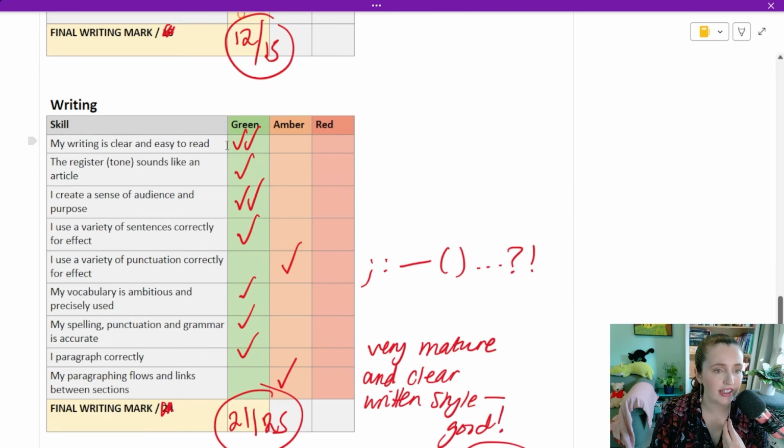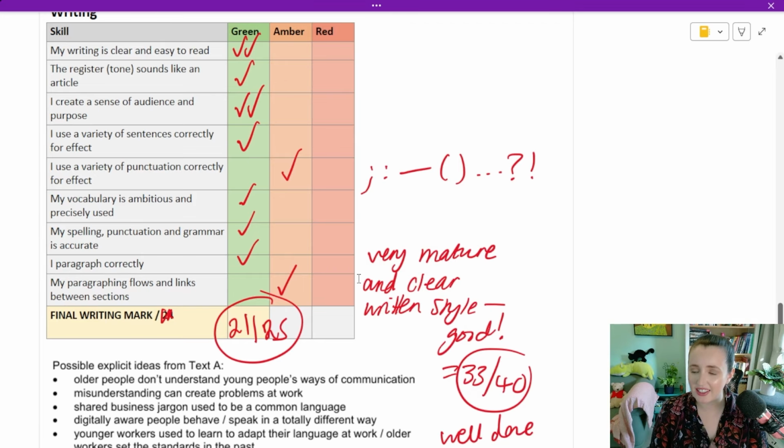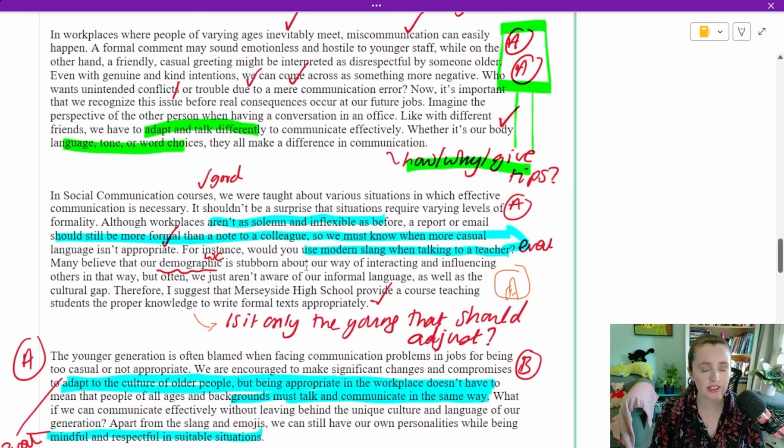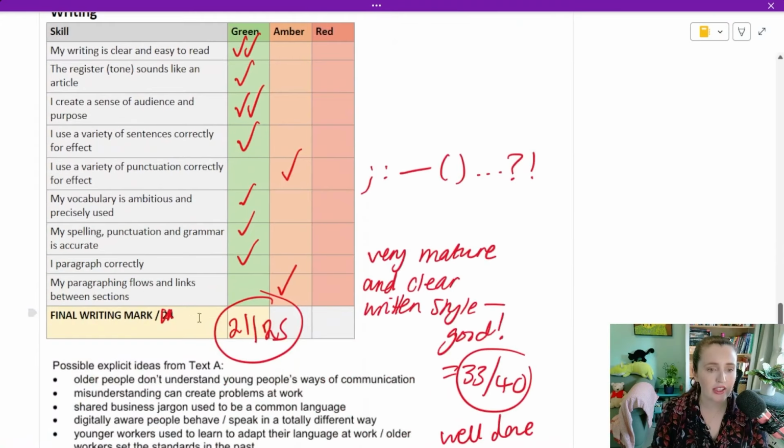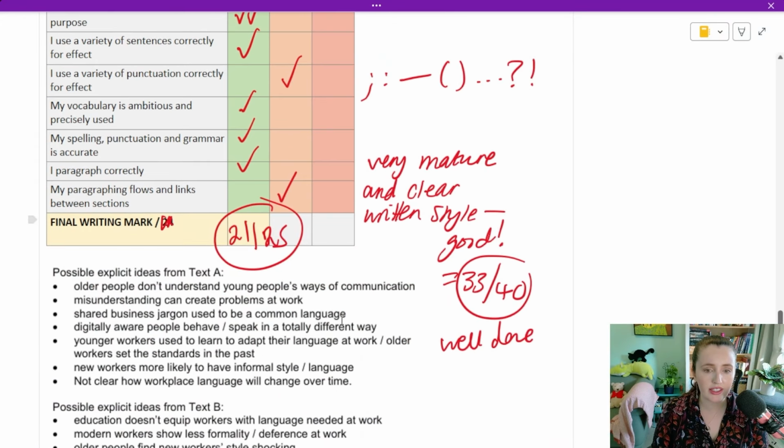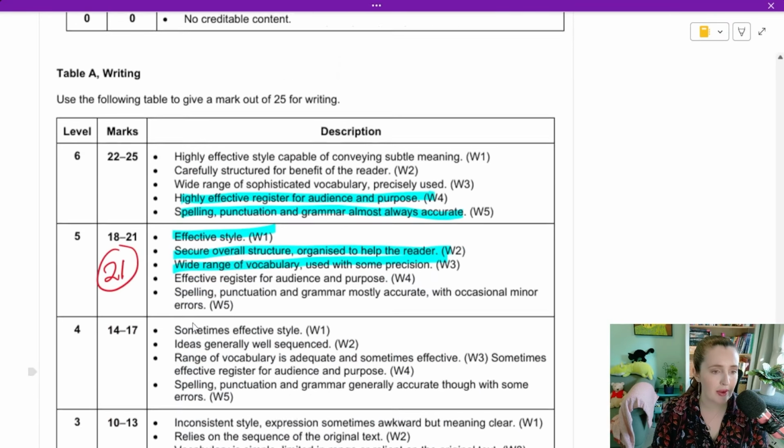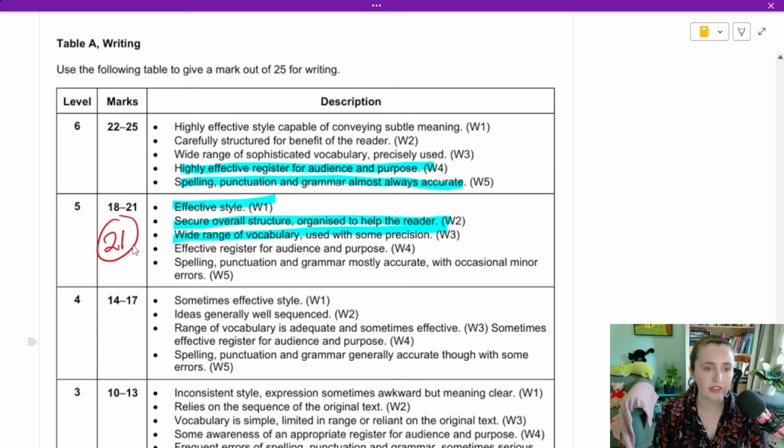His writing was definitely clear and easy to read. His sense of audience and purpose was really clear. Some of the flowing and transitioning between the paragraphs, like when the conclusion was a bit abrupt, brought him down a little bit, and he could use a little bit more varied punctuation, like semicolons and colons. But I thought overall his written style was really mature, formal, argumentative, some really nice vocabulary, and so because of that I gave him 21 out of 25, which, as you guys will remember, like Lily's, is the top of level 5.